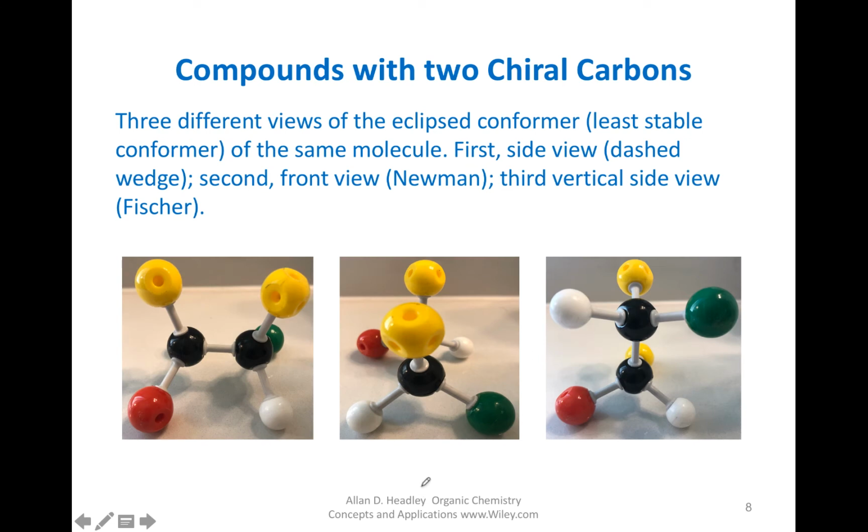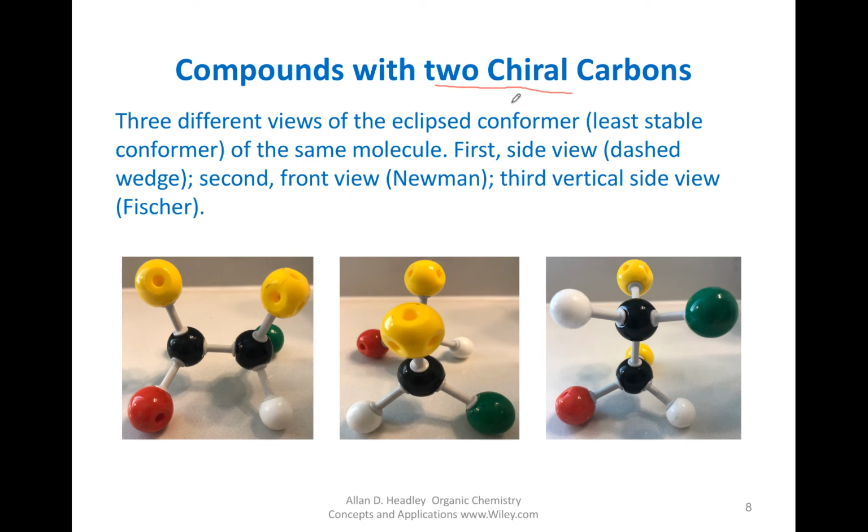Okay, let us look here at molecules that contain 2 chiral carbons or 2 stereogenic centers. You know where we're going here. It's becoming even a little more complex here. But you'll need your model and you'll need your thinking caps on to visualize these in 3D and then to transform them into 2D and put on paper using the various representations that we have done, i.e. the dashed wedge, the Fischer, and of course don't forget we also did the Newman.